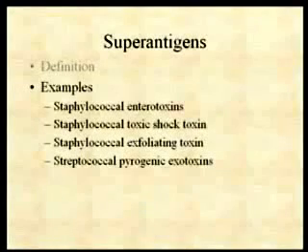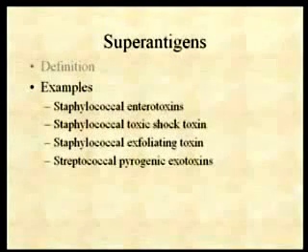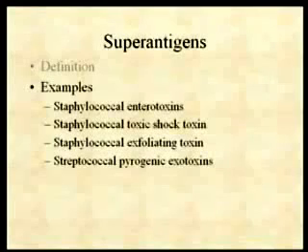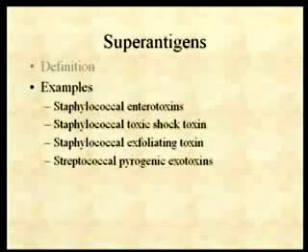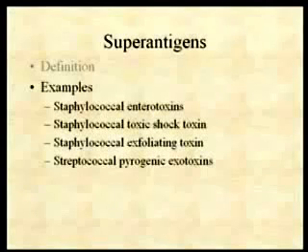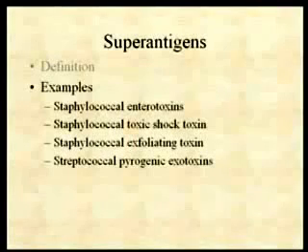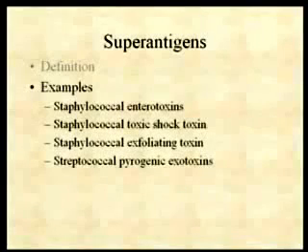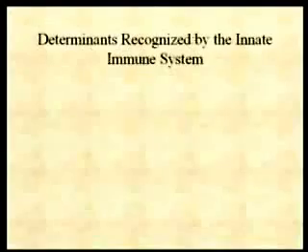And the disease actually caused by the toxin is really in part due to this hyperstimulation of the T cell arm, because the T cells, when they get activated, secrete all sorts of cytokines, and the disease is actually mediated by this hyperimmune response that we have. So as I said, that's what they are. How they do this, you'll have to wait until after you find out how conventional antigens are processed and presented, and then how these things are different.